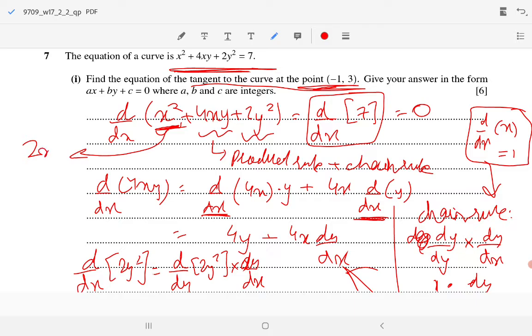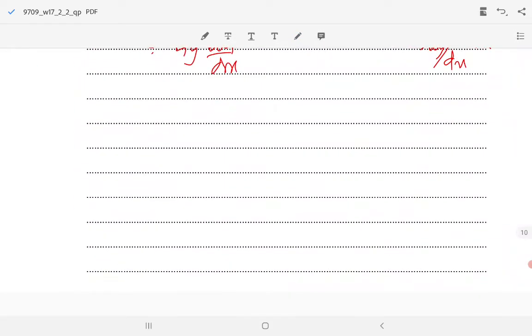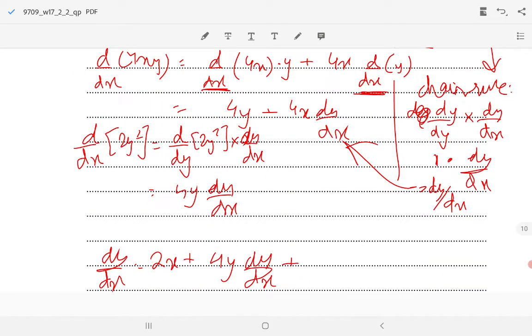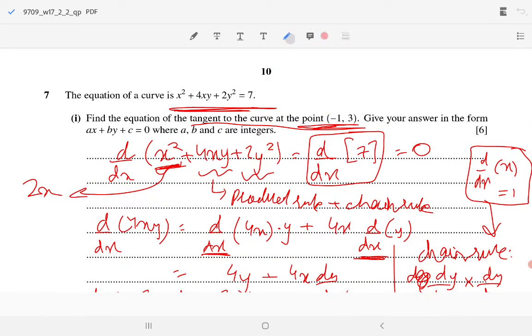So 2x plus 4y dy dx plus 4y plus 4x dy dx equals 0. Now guys, this is the derivative equation for the graph. This is not dy by dx, and we just have to substitute these coordinates as x and y.